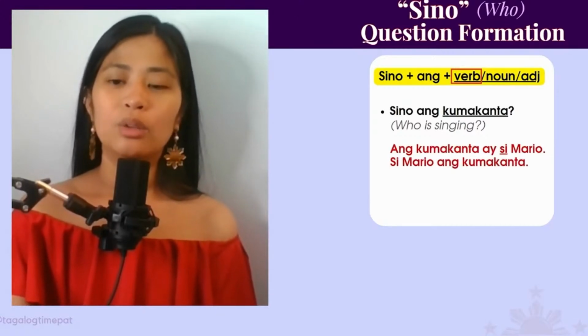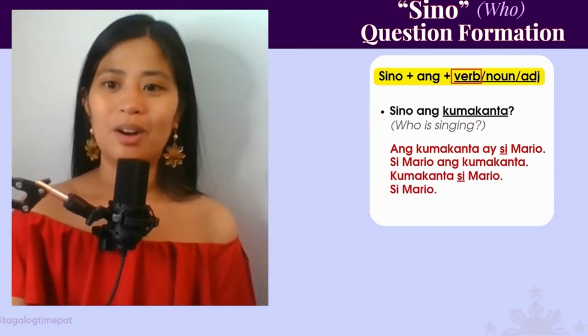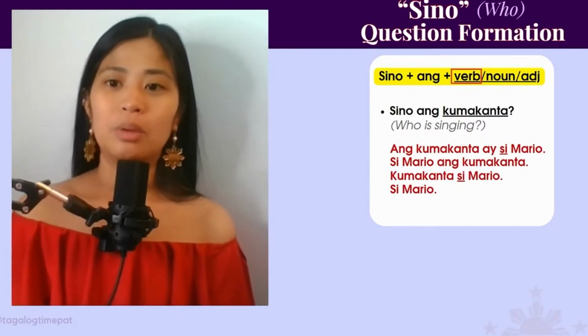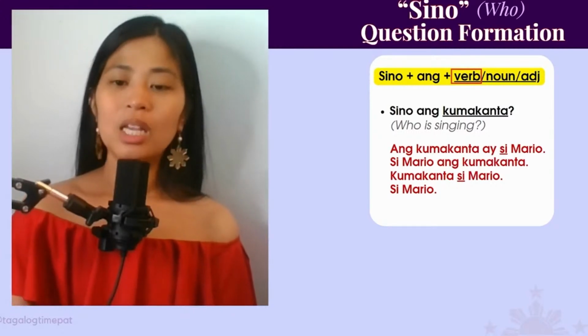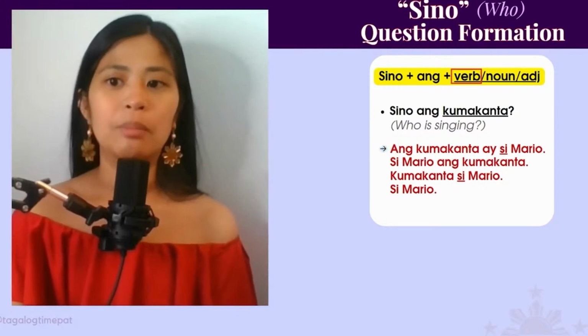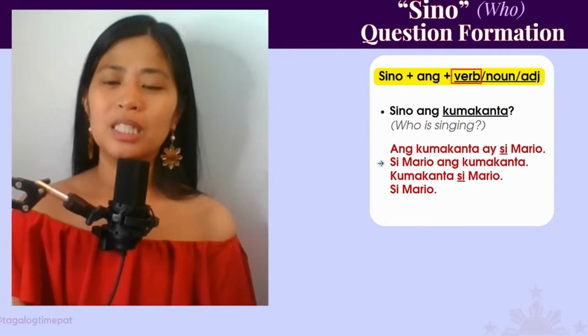Si Mario ang kumakanta, or kumakanta si Mario? Si Mario. I wanted to show you all the different ways a response could be made. So, sino ang kumakanta? Who is singing? This first example is formal. Ang kumakanta ay si Mario. This next one is a little bit formal as well.